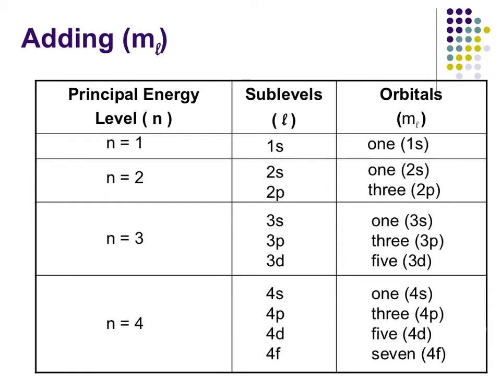I do want to warn you that the orbitals, or the magnetic quantum number, may look slightly different in your AP or IB classes. All we're doing right now is counting how many options there are, but technically the magnetic quantum number should tell you which of those options the electron is found in. Just to give you a heads up that you may see this look a little bit differently, where you're actually writing which orbital it's in.